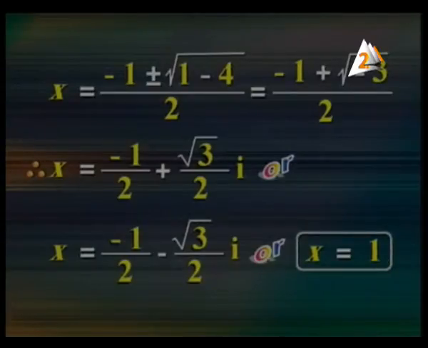How many solutions do we have for x cubed minus 1 equals 0? 3 roots. The first root is negative 1 over 2 plus root 3 over 2 i, a complex number, x equals negative 1 over 2 minus root 3 over 2 i, or x equals 1.